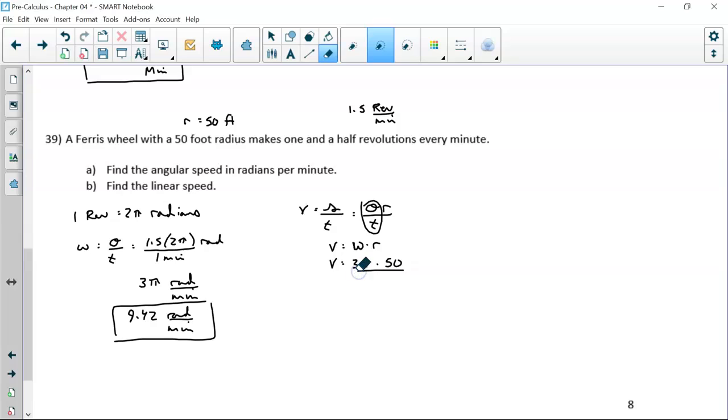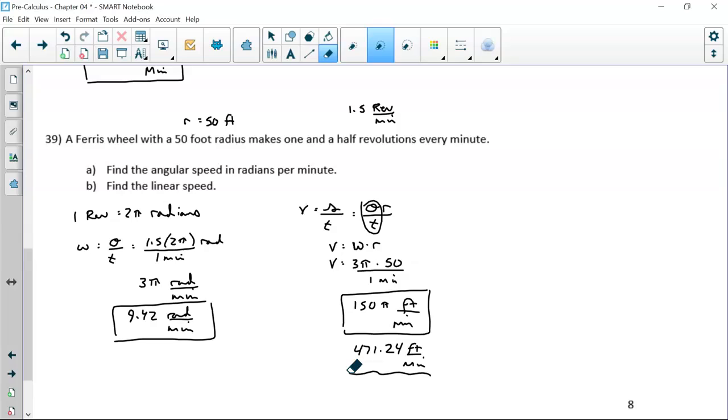And that's in every 1 minute. So we'll end up with 150 pi feet per minute. You could write your linear speed like that. And 150 pi, that's going to be about 471.24 feet per minute is your linear speed.